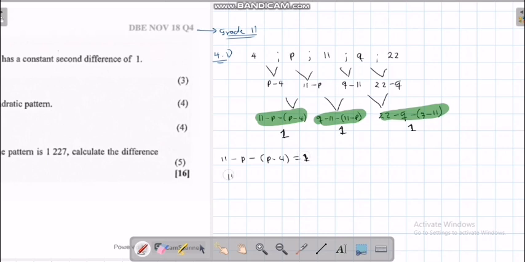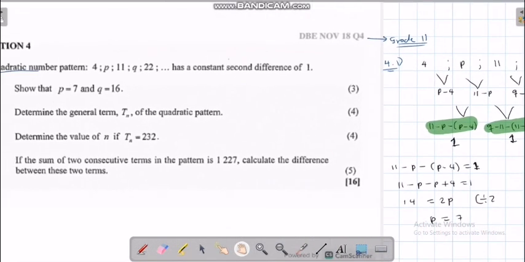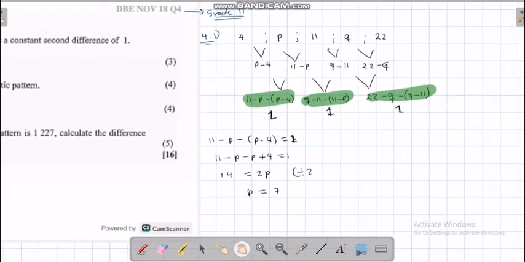Okay, so now let's open the bracket. 11 minus p minus p plus 4 is equal to 1. So this is minus 2p. I'll take minus 2p to the right hand side. 11 plus 4 minus 1, which is 15, then it will be 14. So 14 equals 2p, then we divide by 2, therefore our p is equal to 7. Let's check. Our p must be 7. Okay, that's nice.